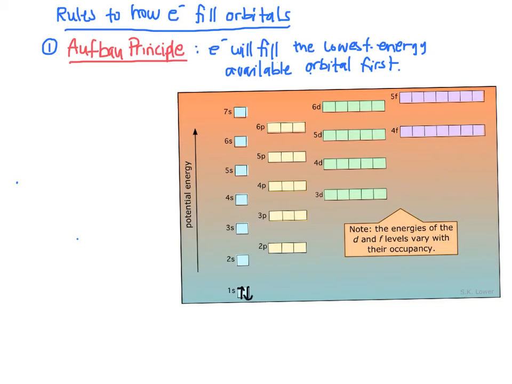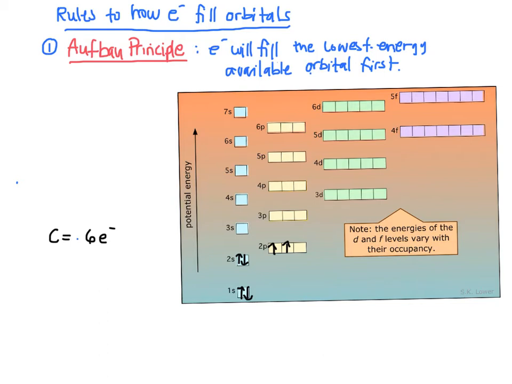So if an atom has, say, 6 electrons, making that a carbon, 2 of its electrons will go in the 1s orbital first, and then 2 in the 2s orbital. And then you will get electrons filling the p orbital.